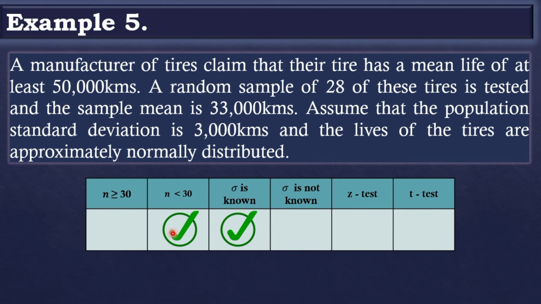So, since yung n natin is less than 30, but the population standard deviation is known, anong test yung gagamitin natin sa ganitong case? Z-test, no? Kanina, diniscuss ko yung summary, di ba? So, kapag yung n is less than 30 and the population standard deviation is known, ang gagamitin natin is Z-test. Okay? So, I hope na naintindihan kung paano natin identify kung ano yung appropriate tool para kung ano yung gamitin natin sa test statistic, kung Z-test or T-test.